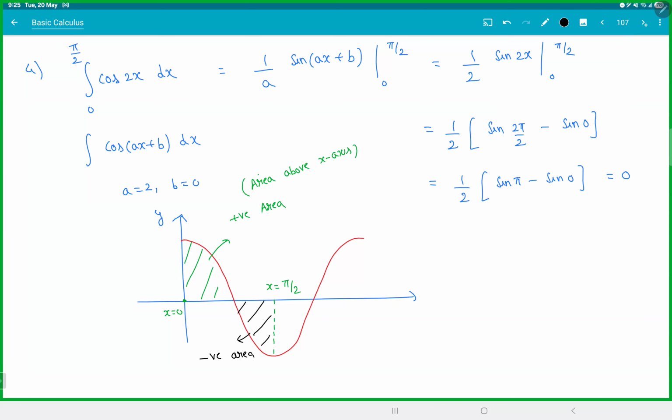Basically, the y coordinate is negative, isn't it? Think of it like this. For both of them, x is positive, but for this guy y is positive and for this guy y is negative. So length into breadth, you're doing a negative y into positive x. So this is a negative area below the x-axis. And you can clearly see by symmetry, both the areas are equal and opposite. That's why you got a 0.